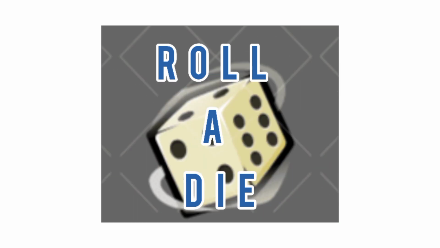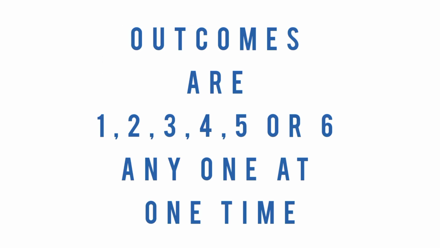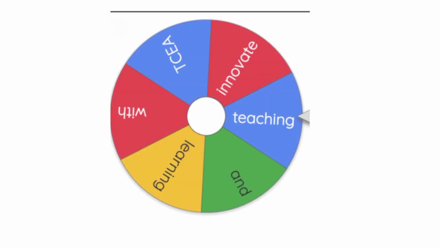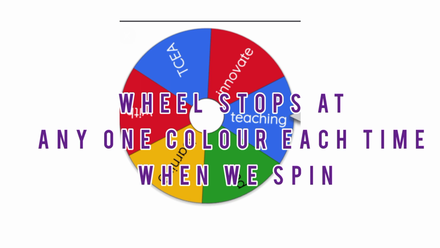When we roll a die, we get 1, 2, 3, 4, 5 or 6. That is, there are 6 possible outcomes and they all are equally likely to happen when we roll a die. So it is also an equally likely event. Okay, now similarly when we spin the wheel, the possible outcomes will be equally likely.